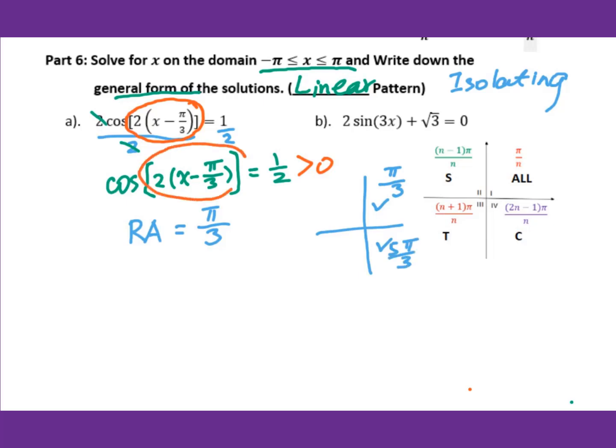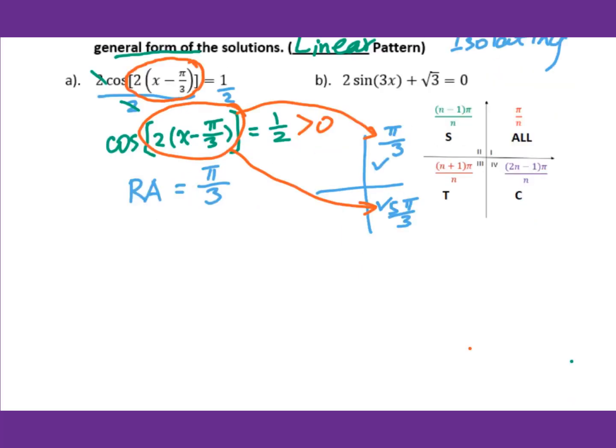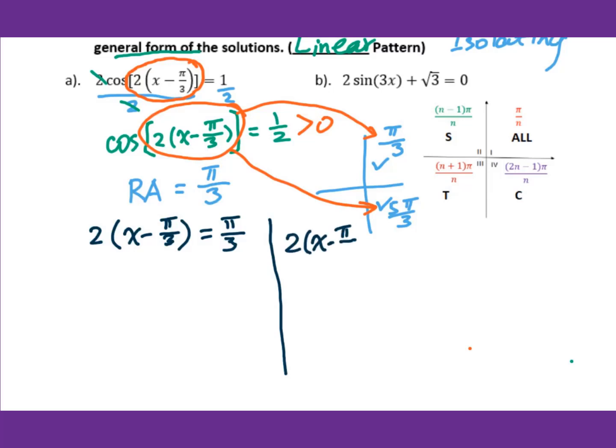Remember, this angle equals pi over 3 and also 5 pi over 3. So we will set up 2 times x minus pi over 3 equals pi over 3. Another one is 2 times x minus pi over 3 equals 5 pi over 3. Then solve for x separately.